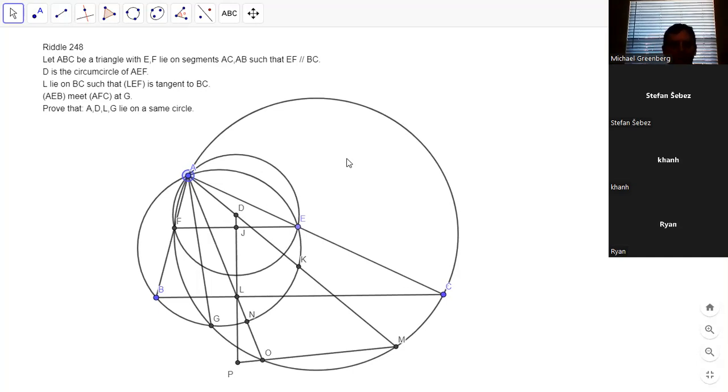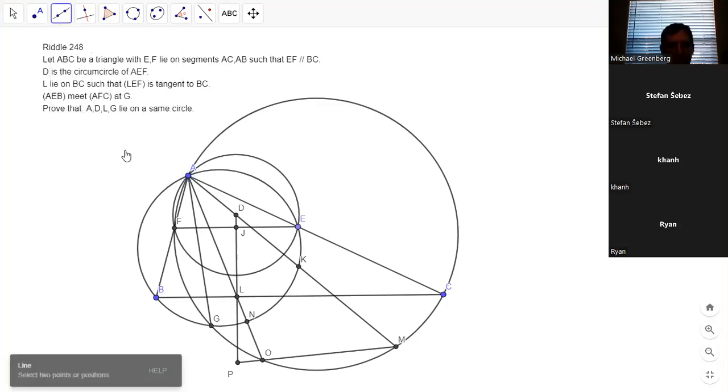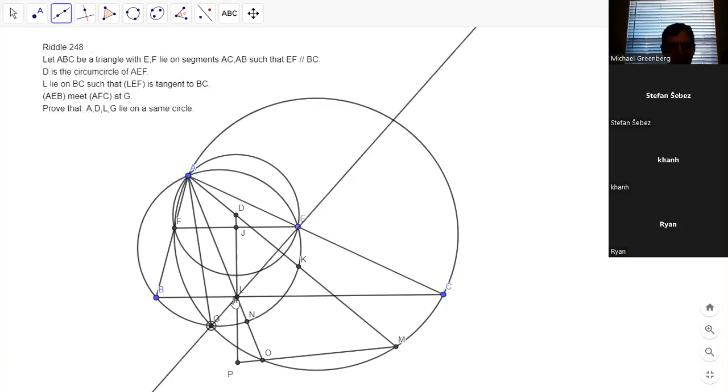So yeah, can we show LGPO is cyclic? Maybe that's obvious.